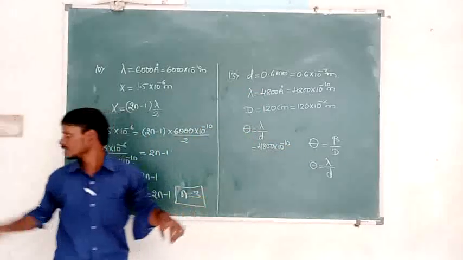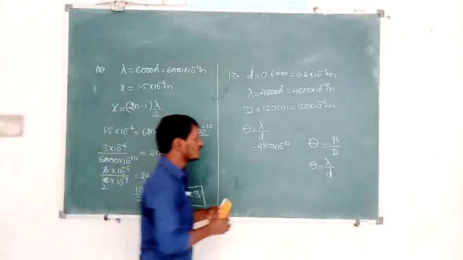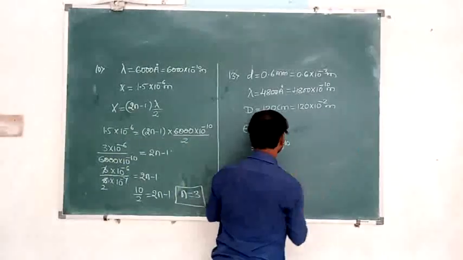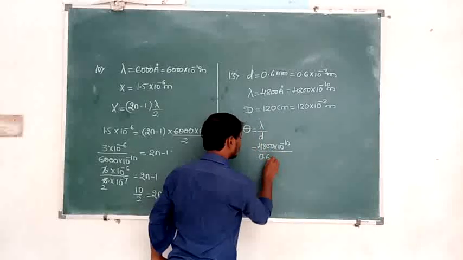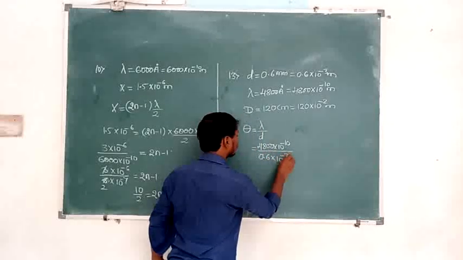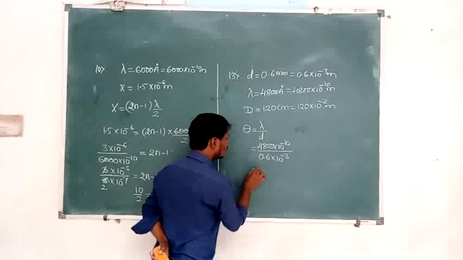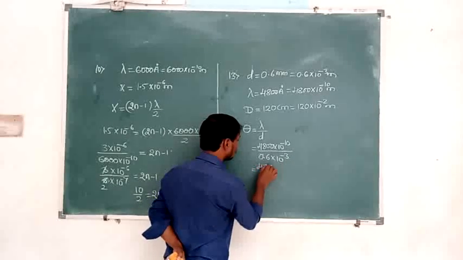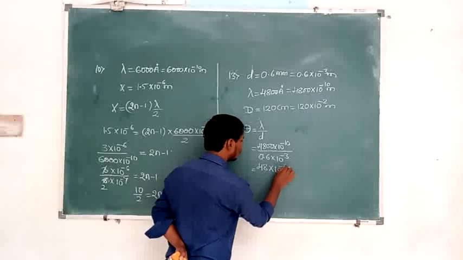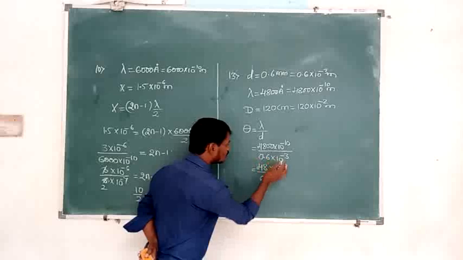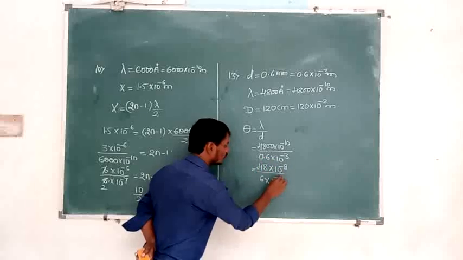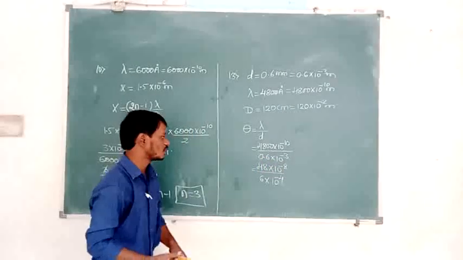Then small d given is 0.6 into 10 to the power of minus 3. So I will write it is 48 into 10 to the power of minus 8 divided by 6 into 10 to the power of minus 4.